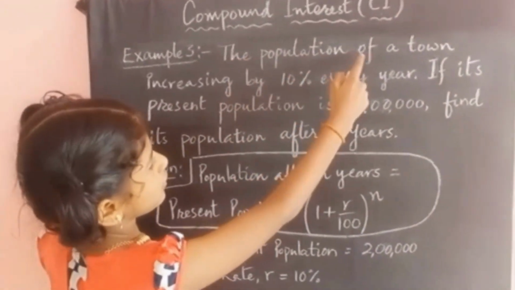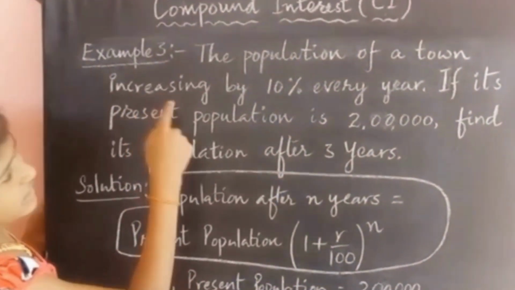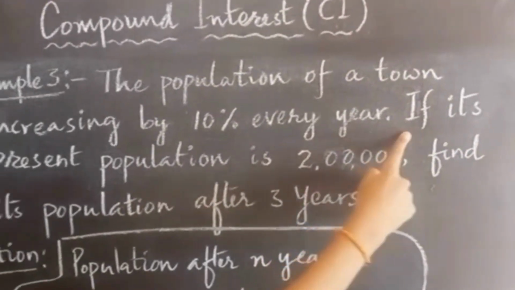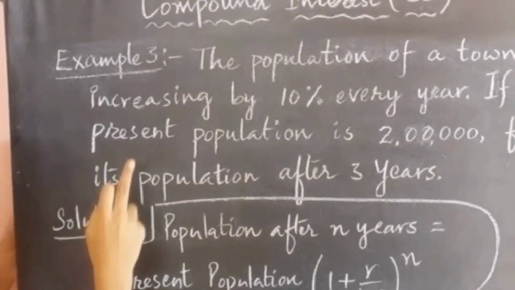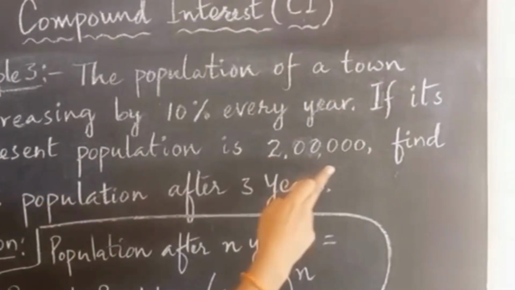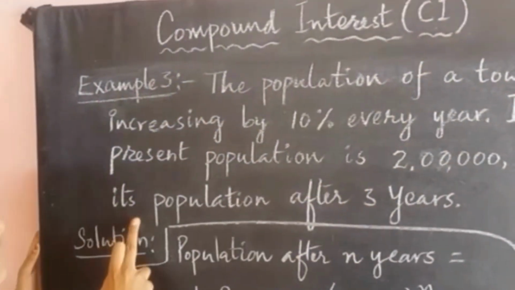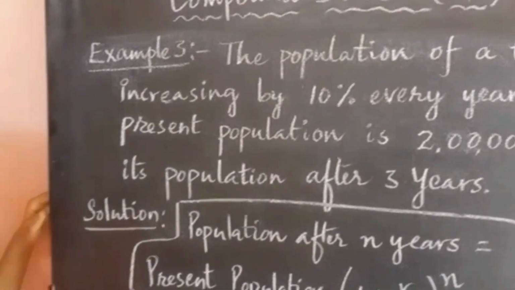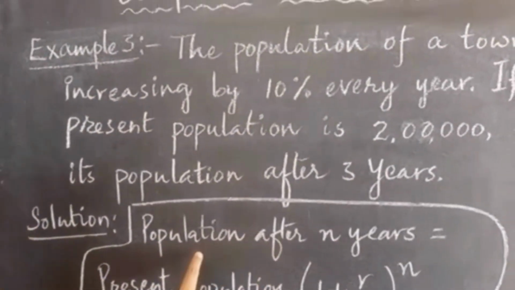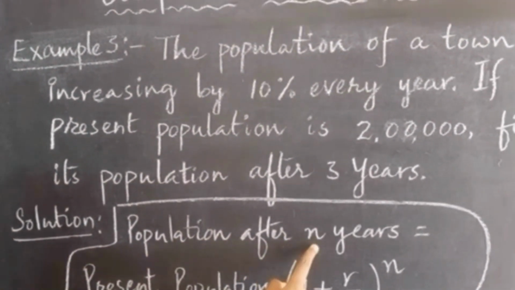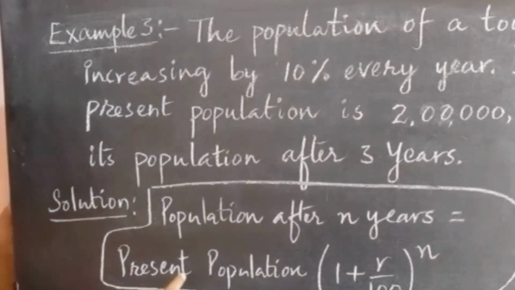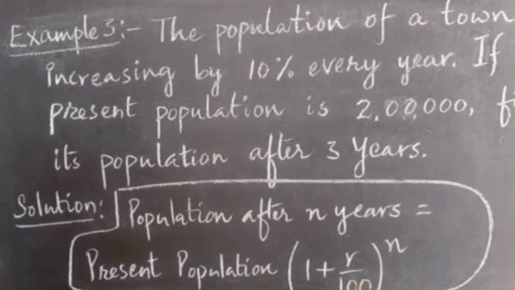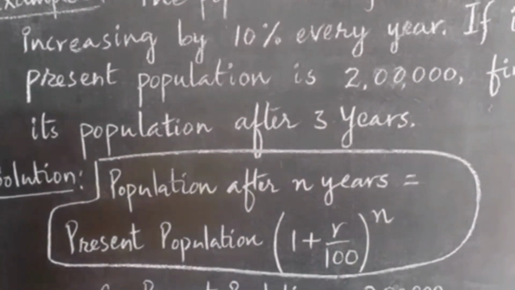The population of a town increases by 10% every year. If its present population is 2 lakhs, find its population after 3 years. Population after n years equals present population(1 plus r by 100) whole power n.